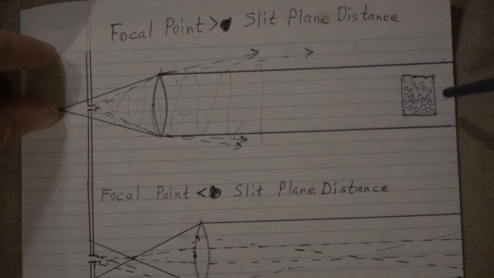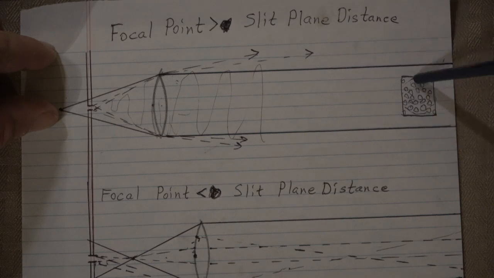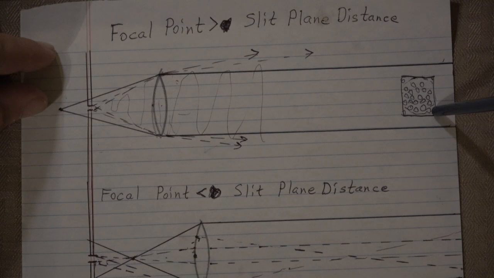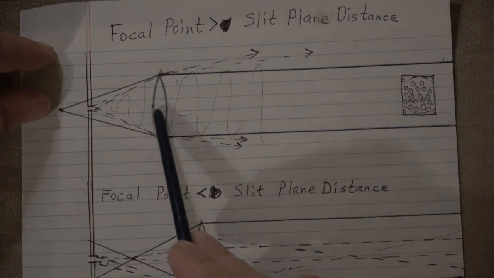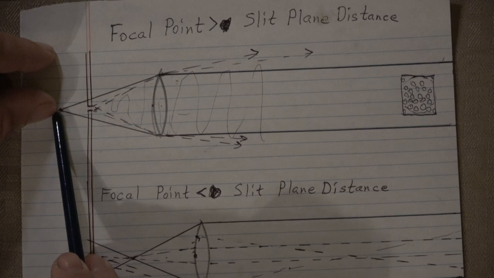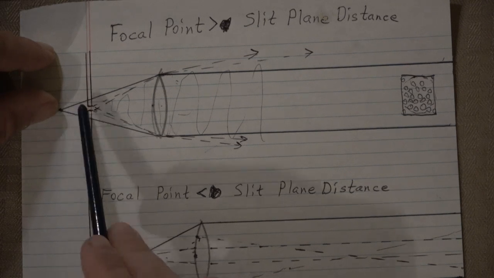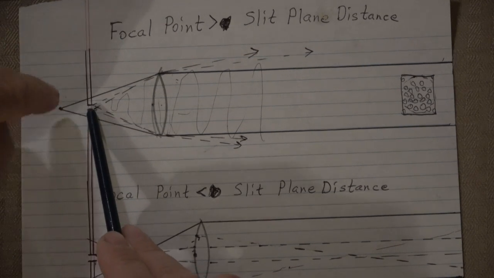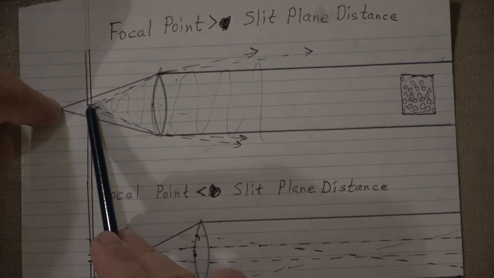The first image we got was an image of a whole bunch of little dots with a round circle, and I'm not exactly sure where that came from, but in theory the focal point was behind the slit plane.